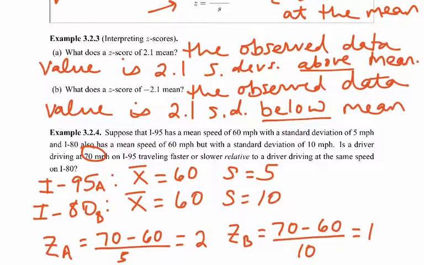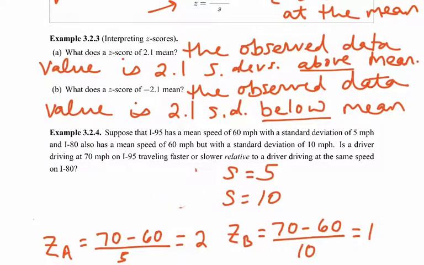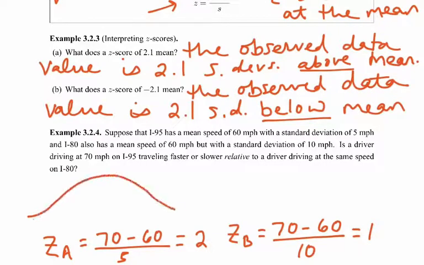So relative to the rest of the drivers on the road, which one seems like he's going at a faster speed? They're both going 70, but compared to everybody else on the road, which one is going faster? If we think about it visually, on I-95, that was distribution A right here.